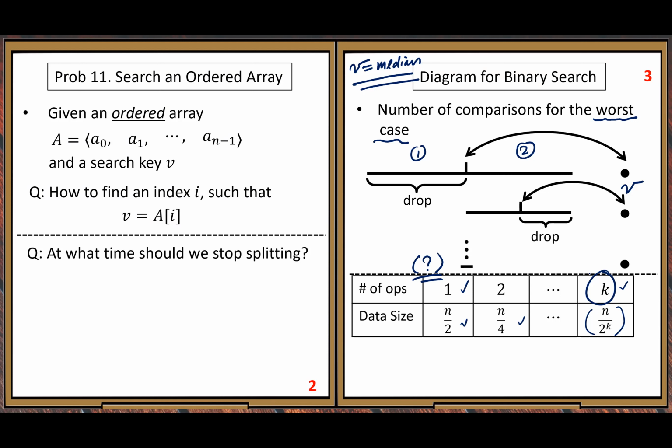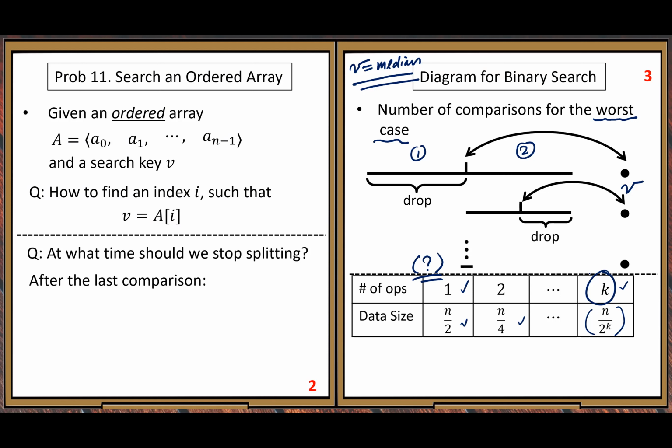Can you find a condition? We can call it stopping criteria. You have to stop. It does not make sense for further splitting. We need to find that condition.